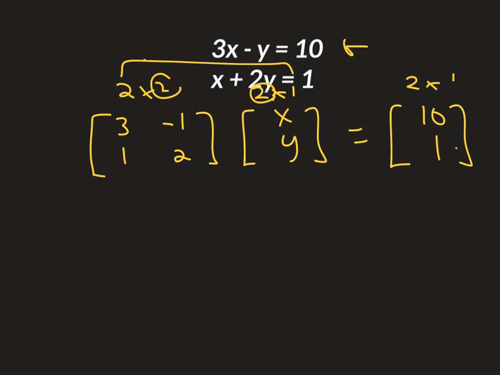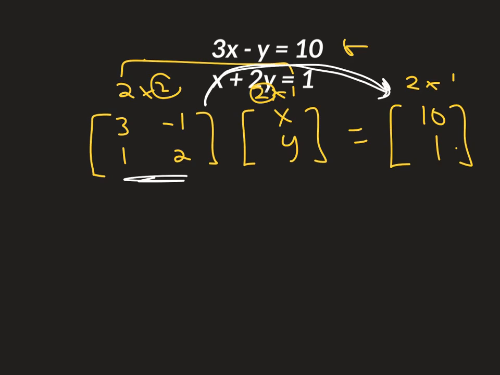But here's what we need to do. We need to move this matrix over here to the other side so we can get the xy by itself. Now, to do that, we can't divide matrices, but division is the same thing as multiplying by the reciprocal. Another word for reciprocal is multiplicative inverse. So I'm going to move the inverse of this one over there and then multiply.